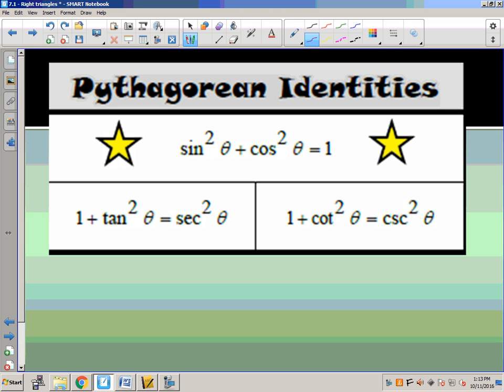Meaning there's one simple thing that you can do to that one on the top to create each of those ones below. Anybody know what you could do to the equation on the top to turn it into, for example, this one right now? What could you do? I'm not sure. Actually, no, that's probably the one we're doing.